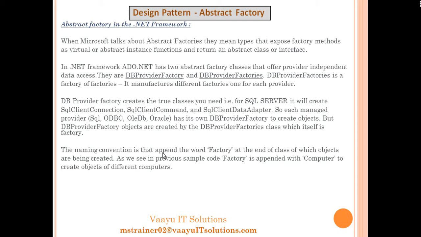So where do we use the abstract factory in the .NET framework? When Microsoft talks about abstract factories, they mean types that expose factory methods. Those factory methods are virtual or abstract instance functions that return an abstract class or interface. Obviously, the name indicates that you are returning something abstract, which can be an abstract class or interface. In the .NET framework, it is the DbProviderFactory and DbProviderFactories. DbProviderFactories is a factory of factories.